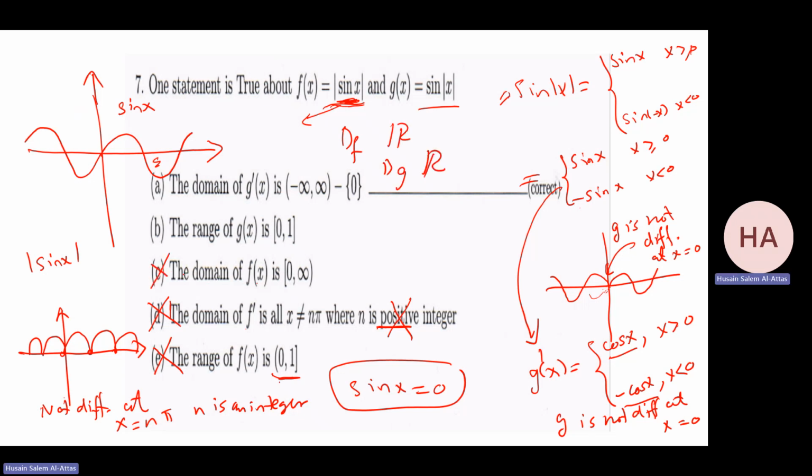So this is wrong. The domain of g from 0 to infinity. No. Domain of g is everywhere. I mean, the range of g can be the negative part. So this is wrong. And this is what we did. All real numbers except at 0 is not differentiable. So this is the correct one. I wish this is very clear.